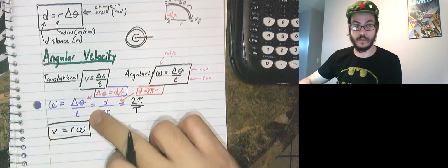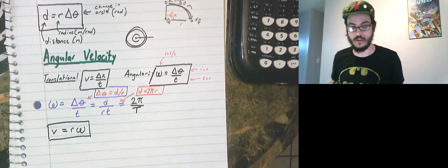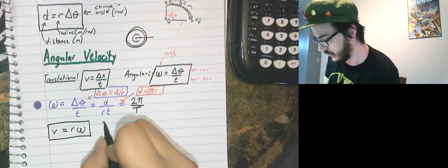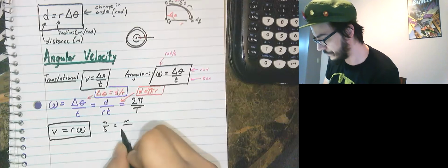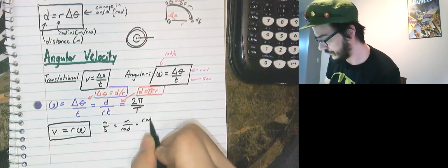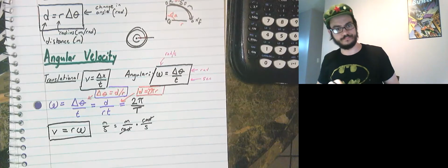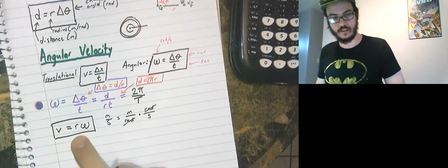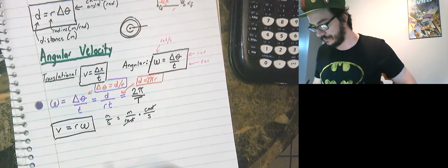This is radians per second. Radians on the top and bottom cancel, giving you meters per second. Or if you are a visual person and would like to follow that this way. Now, this allows you to convert your tangential velocity to angular velocity.